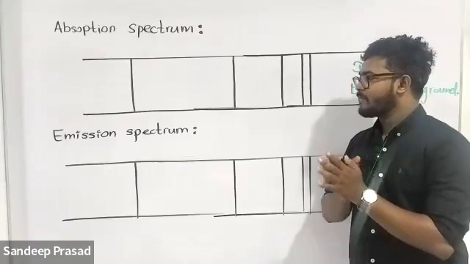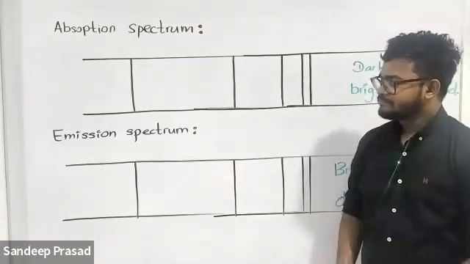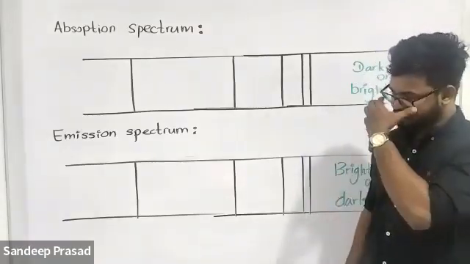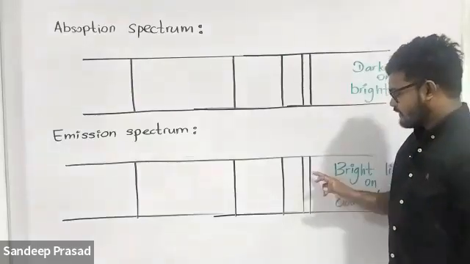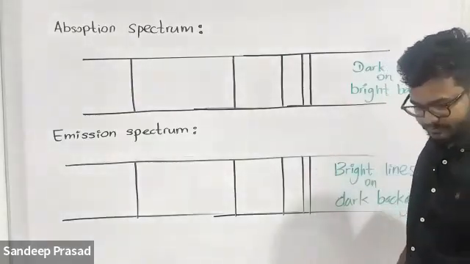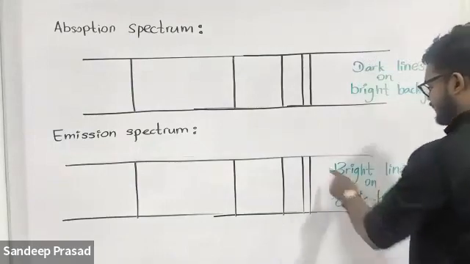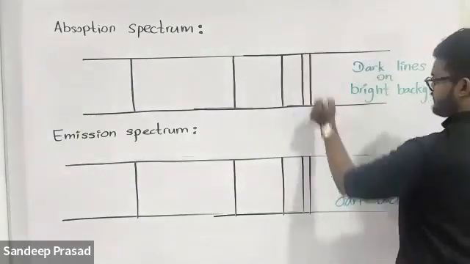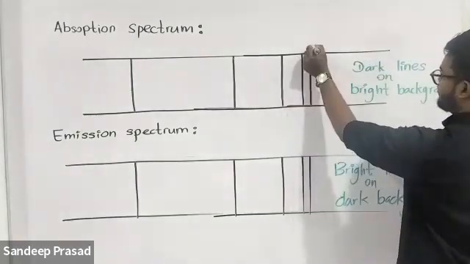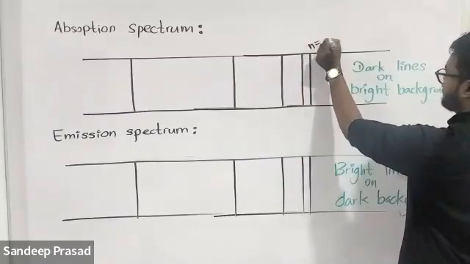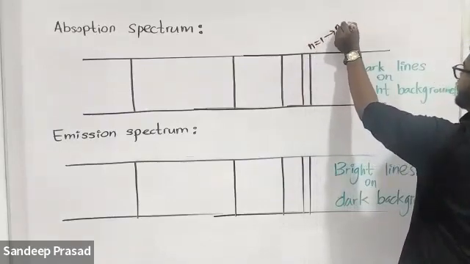Very good. Remember, students, as I mentioned, this is the corresponding energy line. If I consider this one in the absorption spectrum, this is n equal 1 to n equal 5.